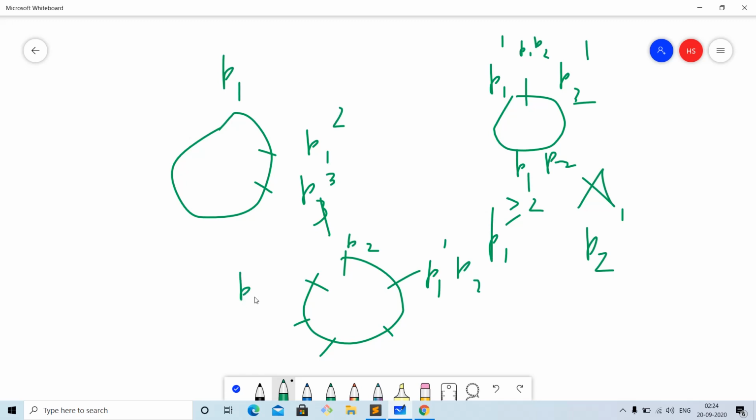Let us say we can put any power of p1 up to e1, so we can put p1 to the e1, and then we can put p2 here, so there is no dispute here, and also there is no dispute here, right? So there is no dispute if we have two prime numbers where the exponent of p1 is greater than or equal to 2 and the exponent of p2 is greater than or equal to 1, right?